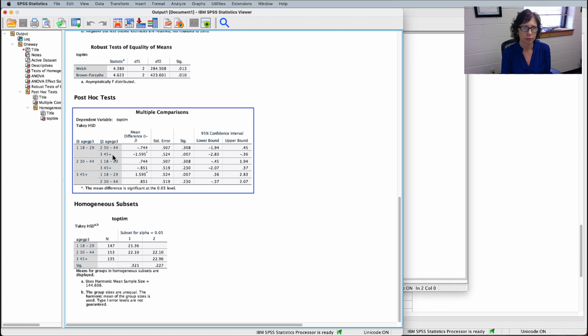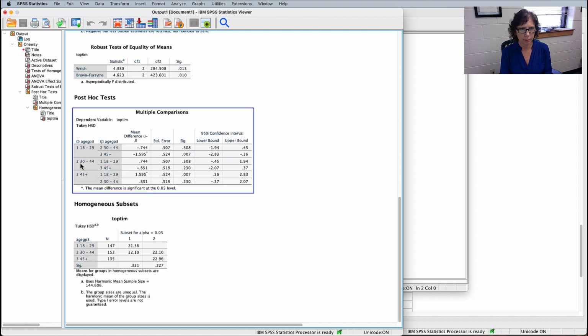But we go down to this next row. This is group 1 compared to group 3. And going across to the significance level, this is 0.007, indicating it is a significant difference between group 1 and group 3. So that's where the ANOVA test is saying there are significant differences existing. It seems to be between 1 and 3.